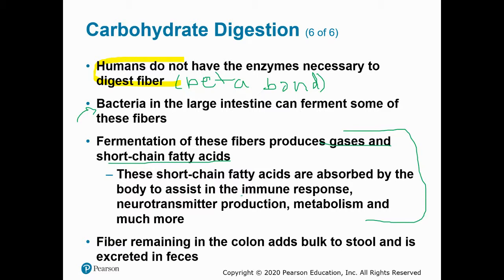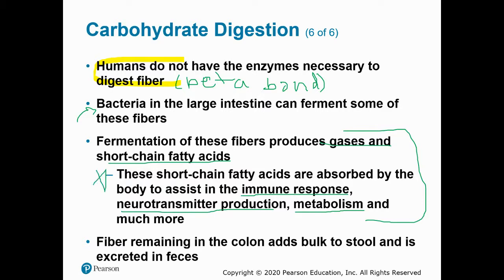And we can use those short chain fatty acids in our immune system. We can use them in our brain and spinal cord to make neurotransmitters. And we can use those fatty acids for metabolism, and metabolism ultimately covers almost any process in the body.